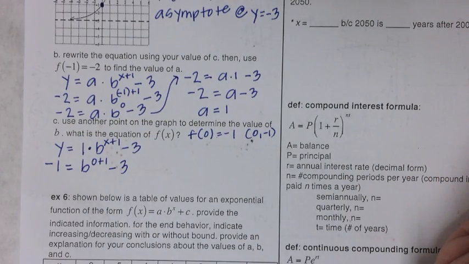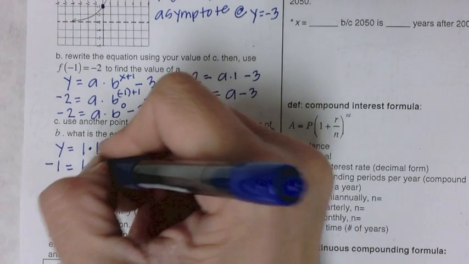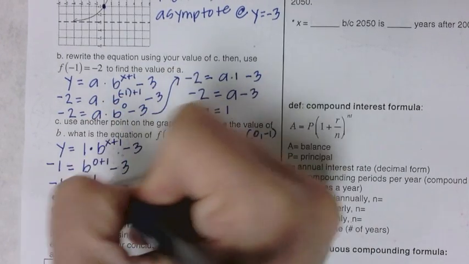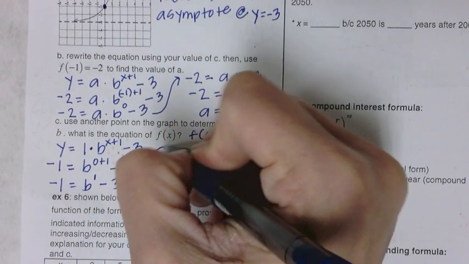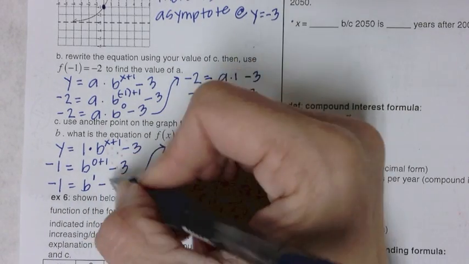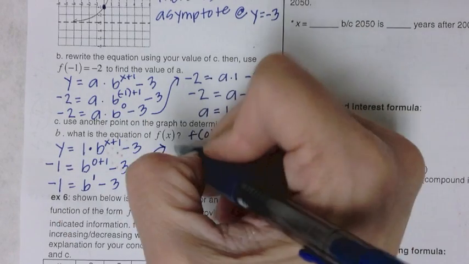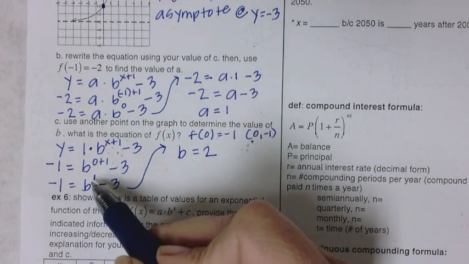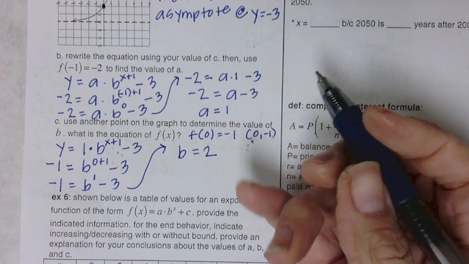So I have b to the 0 plus 1, which is just b to the 1 minus 3. So then I add 3 to the other side, so I get b equals 2, and that's just because anything to the first power is just itself, so we don't write it.